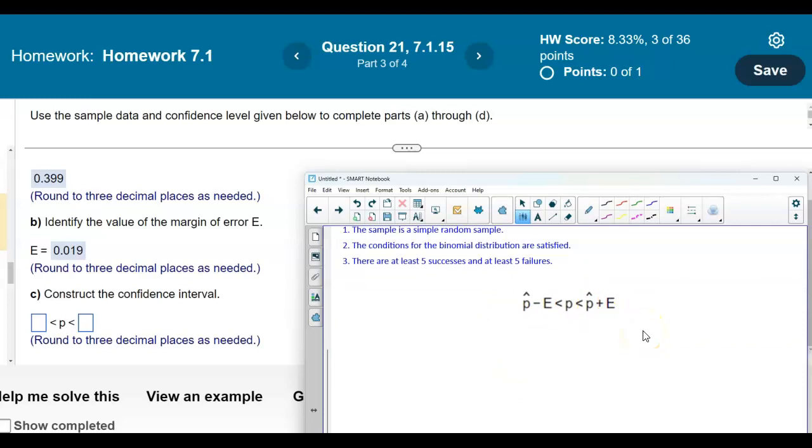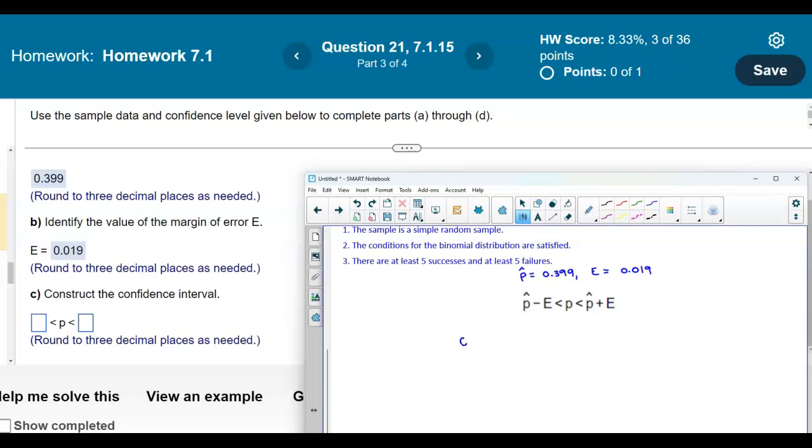We know that the point estimate that we found in part A is 0.399, and we found the margin of error in part B to be 0.019.